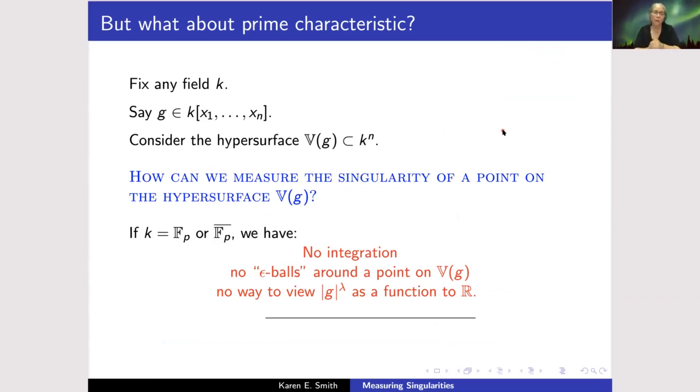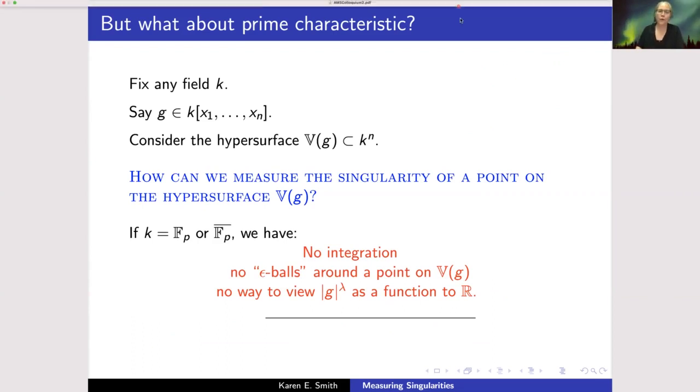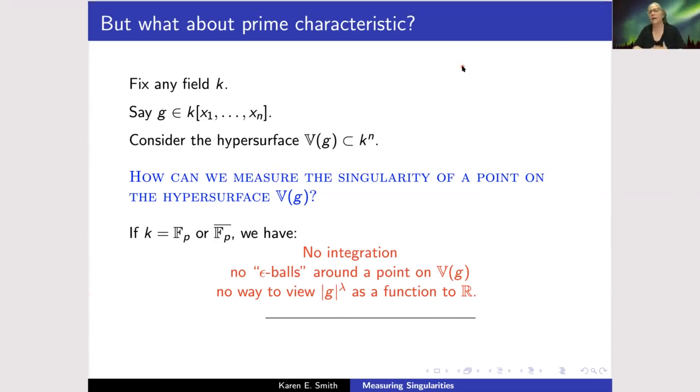Okay, but now the big question is, what about prime characteristic? So we talked about yesterday that we can look at varieties not only over the complex numbers, but over any field. And so, for example, if I take a polynomial in n variables over a finite field, or perhaps over the algebraic closure of a finite field, I can still look at its zero set.